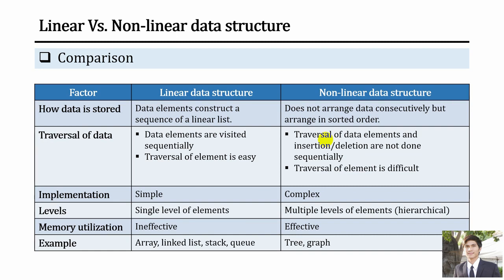Examples of non-linear data structures are tree and graph, while for linear data structures we have seen array, linked list, stack, queue, and also hash table.